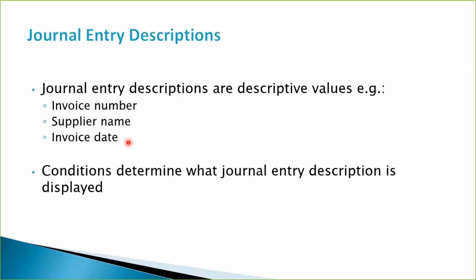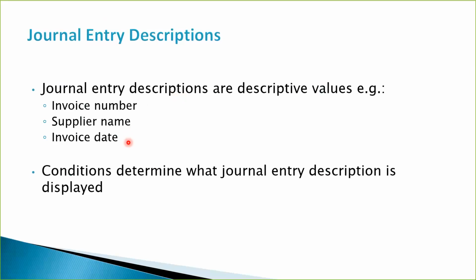For example, you can say that you want your journal entry description to display the invoice number, the supplier name, and the invoice date. So in that description itself, you will have words saying invoice number, and then the invoice number.